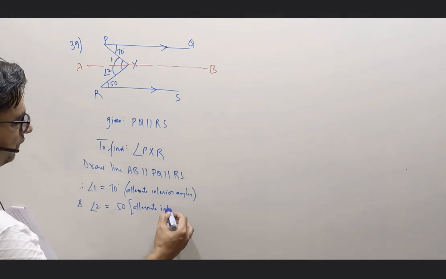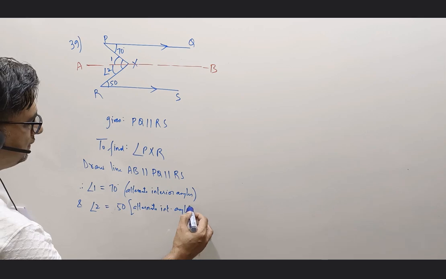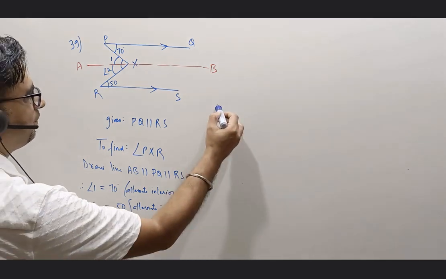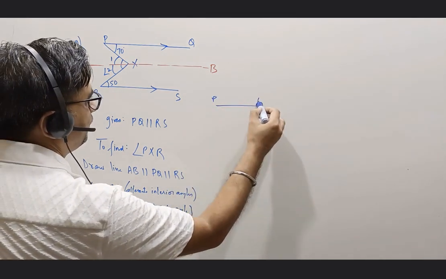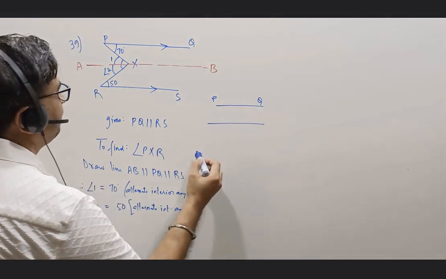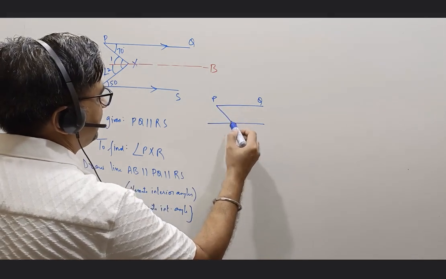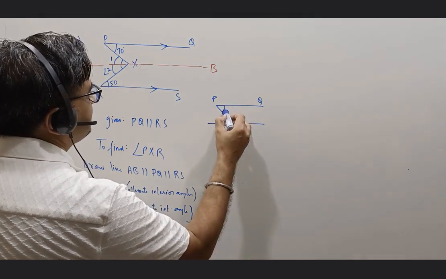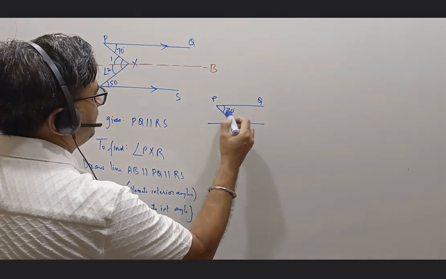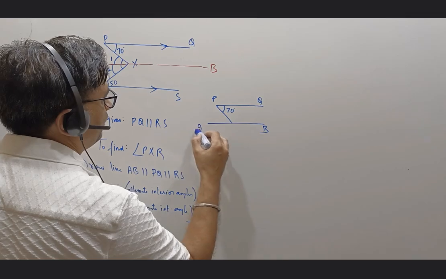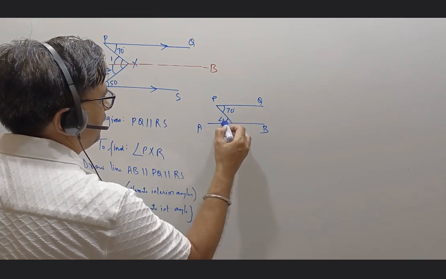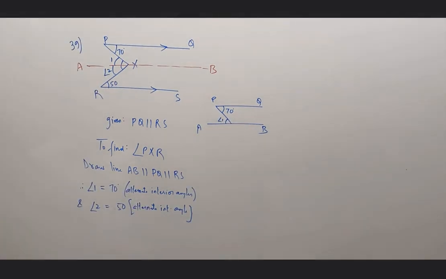Look, this is PQ and this is AB. This is AB. So if I have a line something like this, will this angle, which is 70 degree, this is AB, mind you, and this is angle 1, mind you. So this and this, are they not alternate interior angles? And for same reason, 50 and 2 are alternate interior angles.